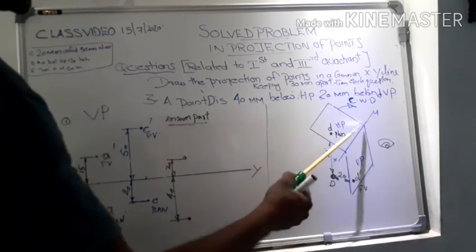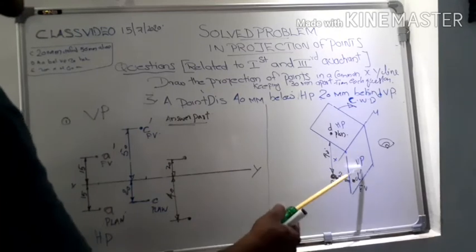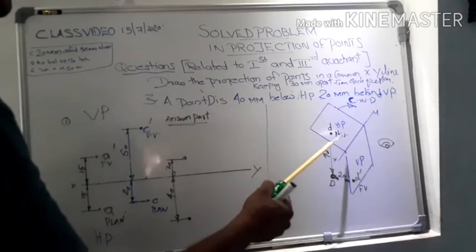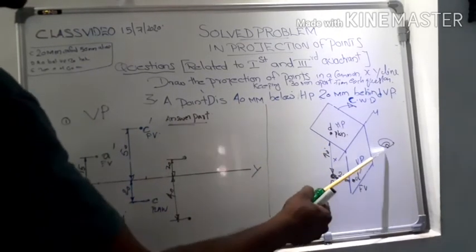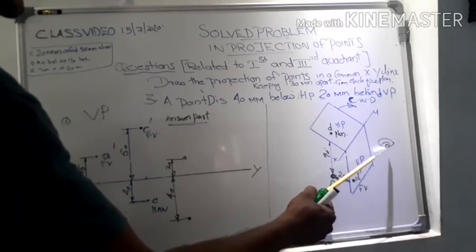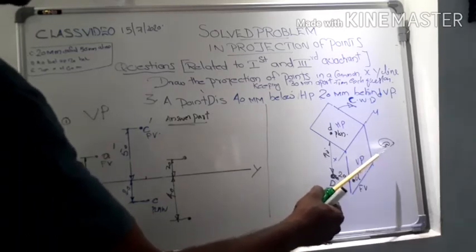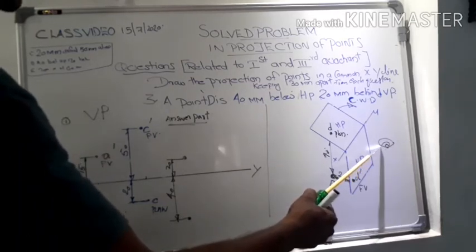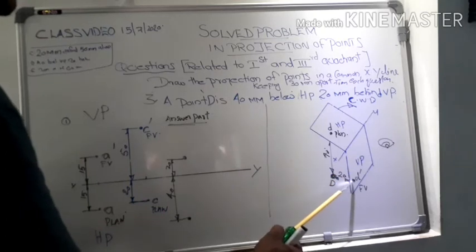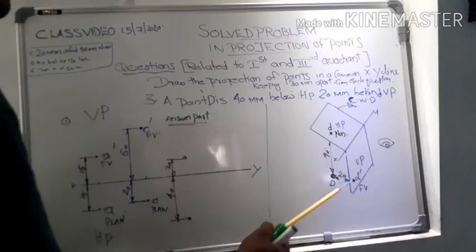This is the pictorial view of the third quadrant. Here, this plane is marked as VP and this plane is marked as HP. This is the sign of observer. Observer always stands at the right hand side of the quadrant. But according to his position, we can say that the vertical plane is in between the point D and observer.